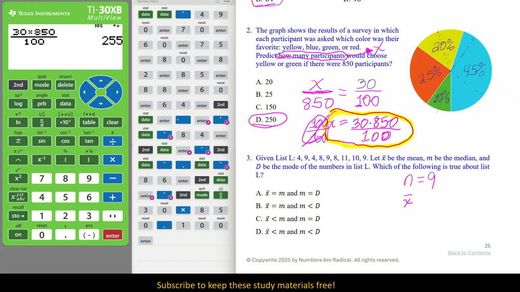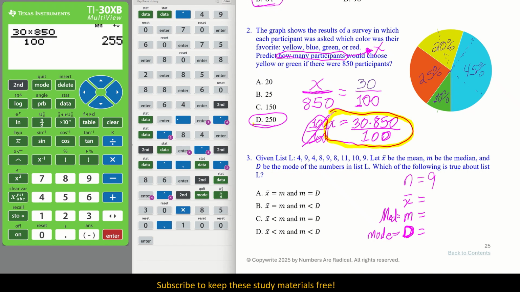X bar is your mean, M is your median, and in the calculator, I do believe that's MED. And D, which they're getting a little creative, I'm perfectly fine with that. M is the median, and D is the mode. That's good. Easy.